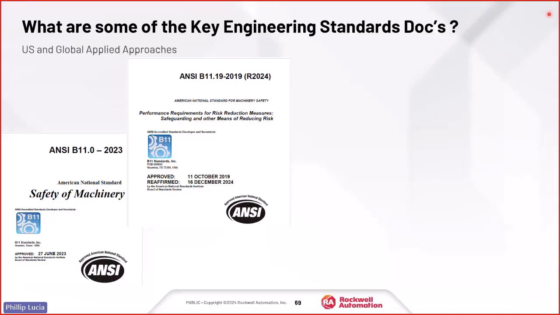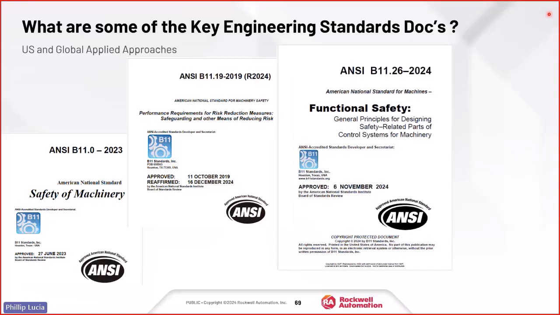ANSI B11.19 is a great engineering reference. All controls engineers and design engineers working with safety applications would benefit from knowledge of this standard as well. And then I'd like to highlight ANSI B11.26. This is where the real controls engineering comes in.